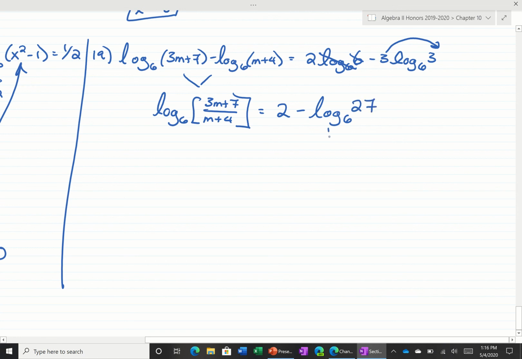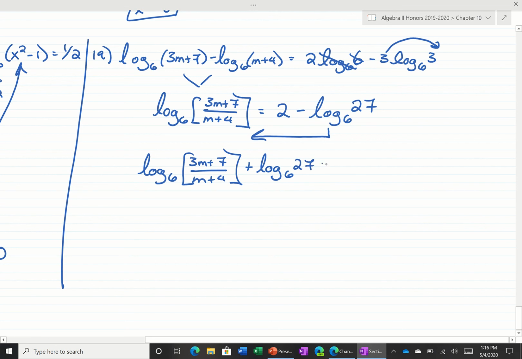All right, so let's get all the logs on one side. Now there's a few different ways we could have done this, but this is the way that I'm choosing to do it. And then I'm going to combine these by multiplying them together.